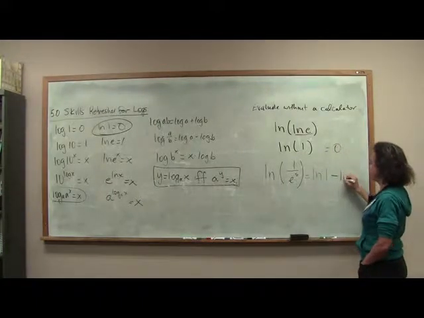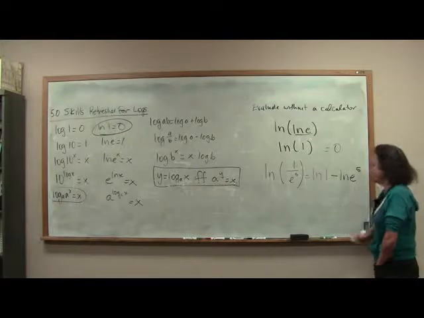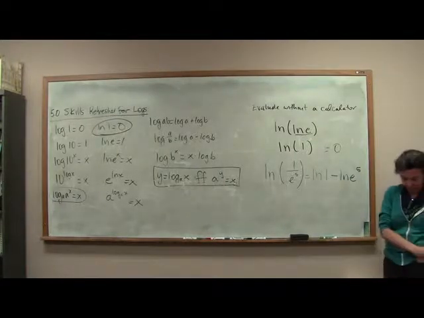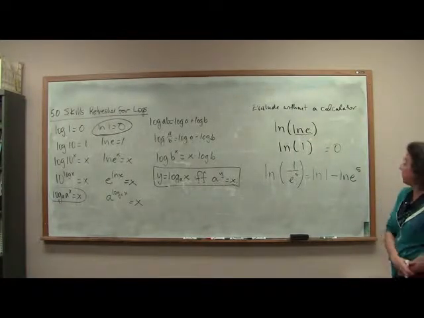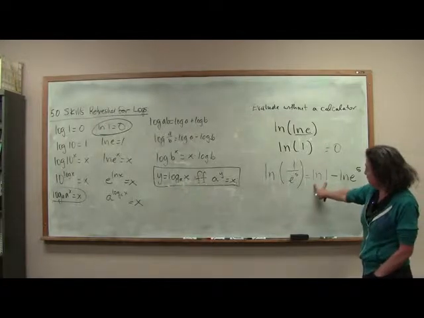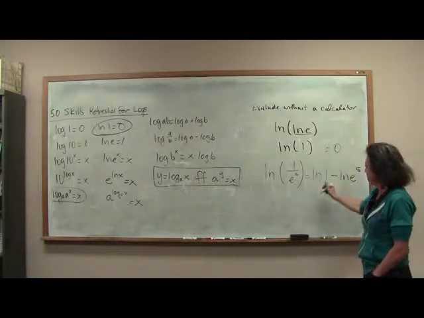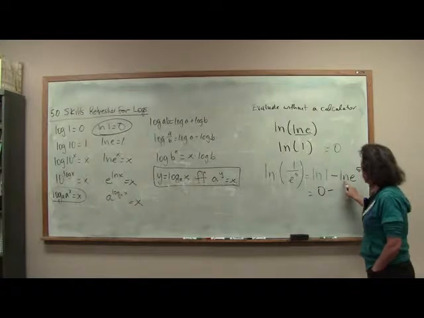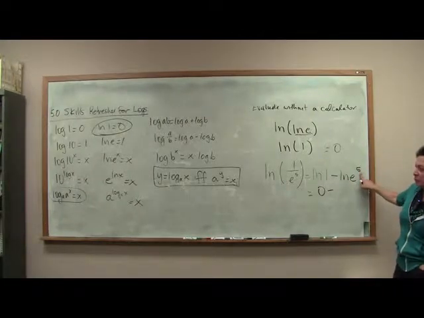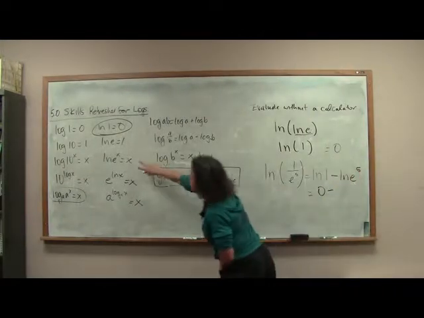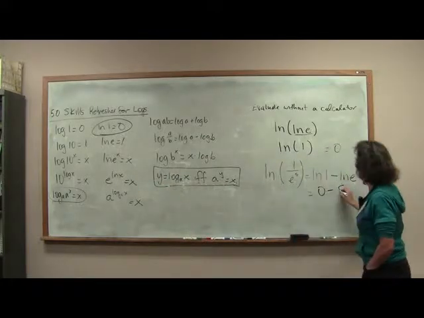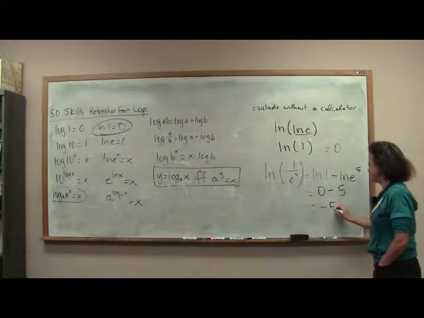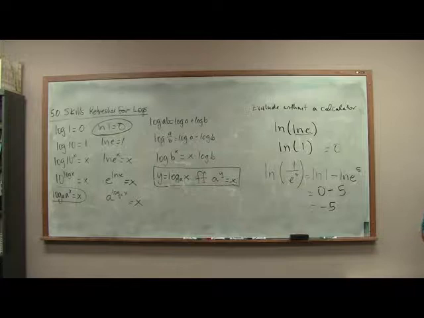I take the log of the numerator minus the log of the denominator. From here, I'm going to use my properties. What's the log of 1? Well, that's 0. What is the natural log of e raised to a power? It's just that power. So the answer to this guy is -5.